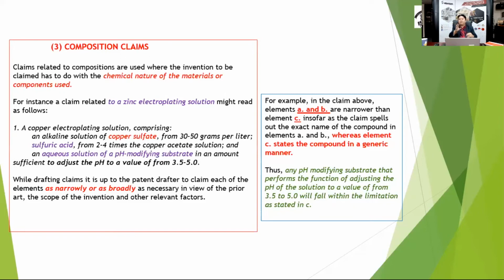Now, sometimes chemical claims can be drafted as narrow as possible instead of as a broad claim, because if a thing is too broad, it wouldn't work. So you have to be a bit specific and narrow. It's all right. There's nothing wrong with drafting a narrow claim.